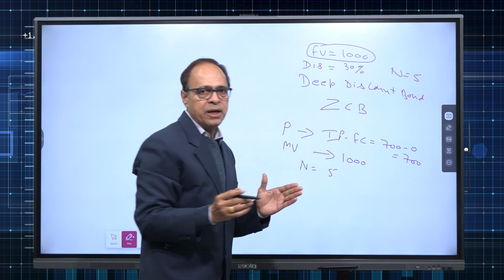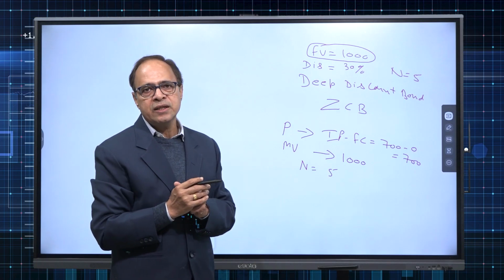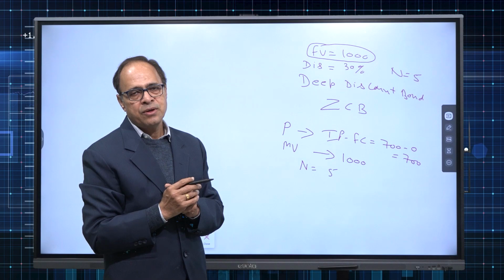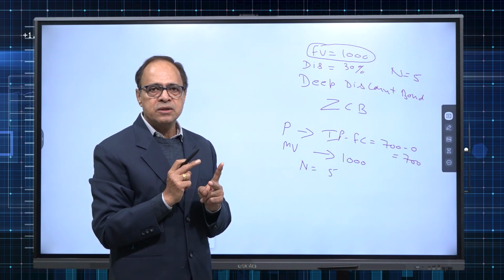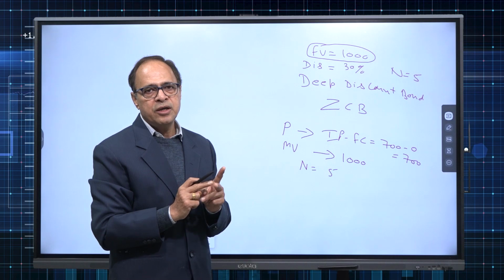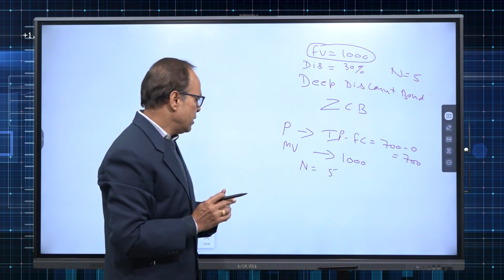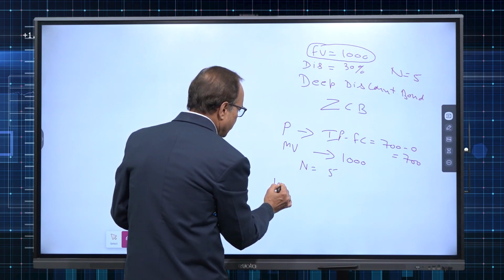So the question is simple: rupees 1000 par value deep discount bond issued at 30% discount, redeemable at par after 5 years. So 1000 is the par value, issued at 30% discount, redeemable after 5 years at par, ZCB. Now it means 1000 is the future value.